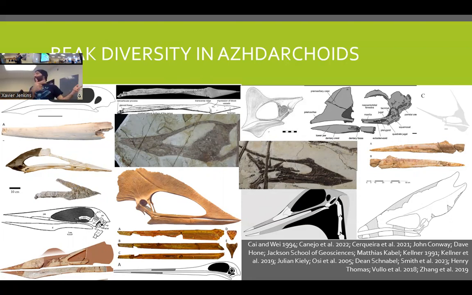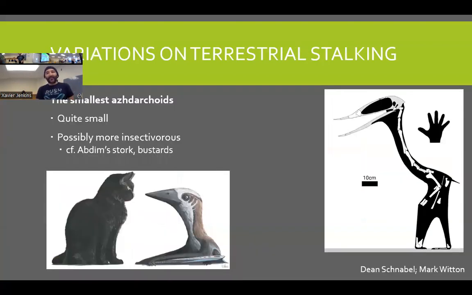So can we tell from morphology what exactly these guys are eating? In many cases, no. The comparative work has not been really done with birds yet to really align beak morphology with diet, and we would need to do that in order to compare with pterosaurs. But there are a few Azhdarchid groups in which we can make more narrow inferences than just terrestrial stalking.